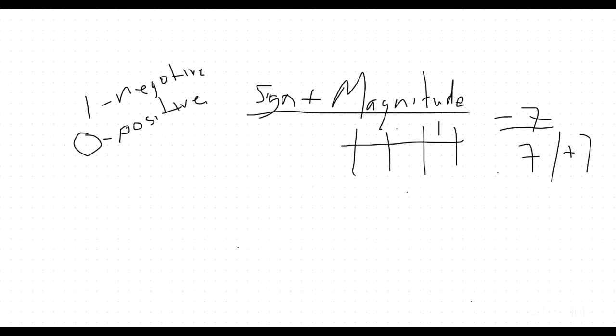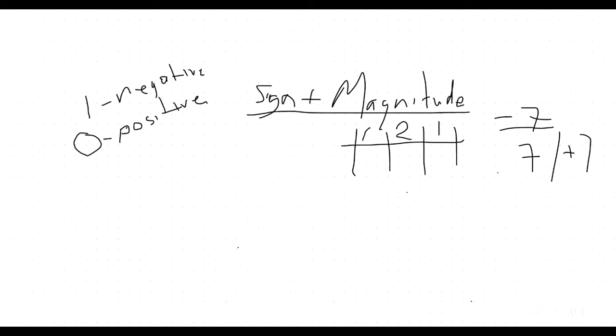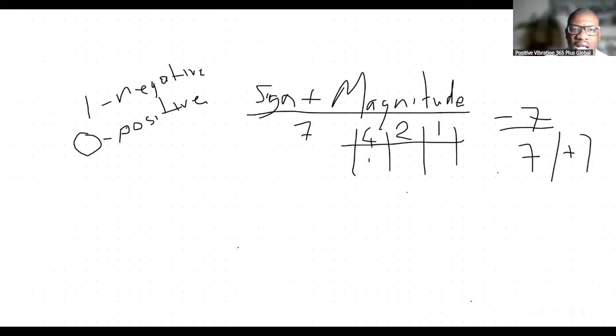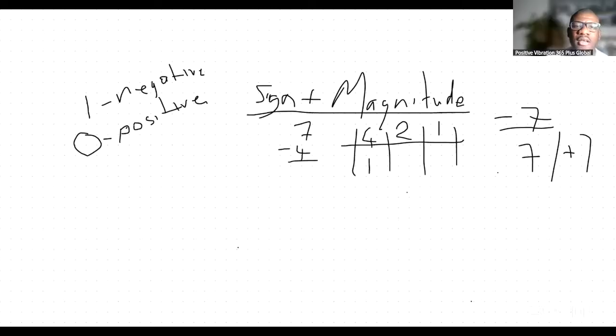2. And then what comes next? 4. All right. And we are working out 7, right? So can we get 4 from 7? Yes, sir. 1. So we're going to take away 4 from 7. How much are we left with? 3. So can we get 2 from 3?